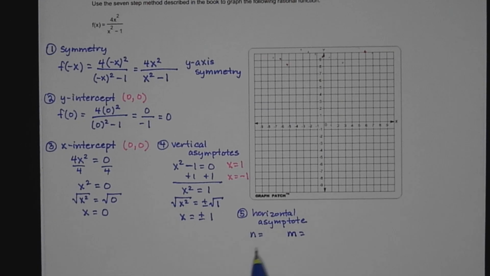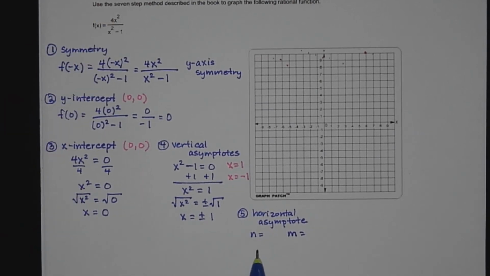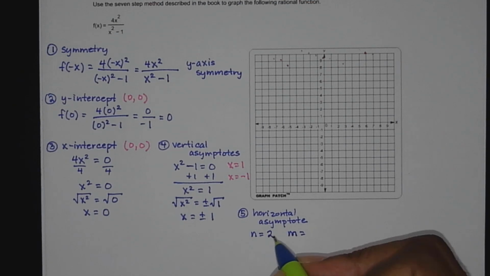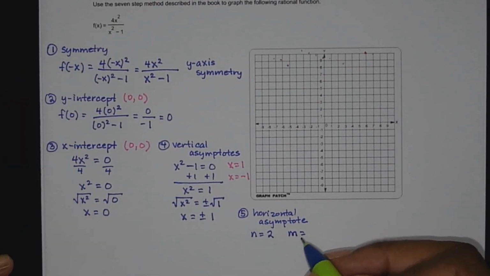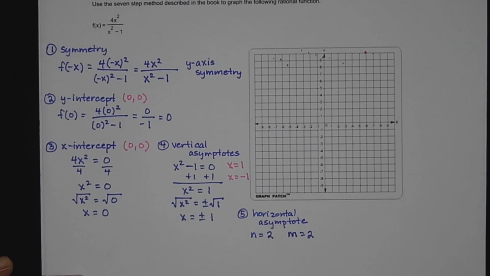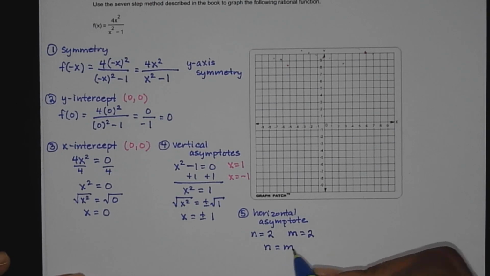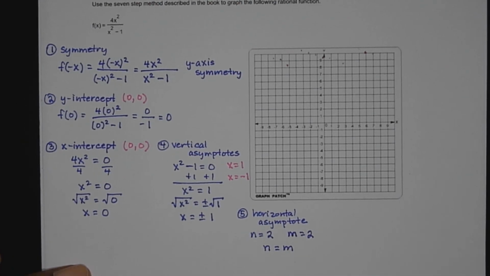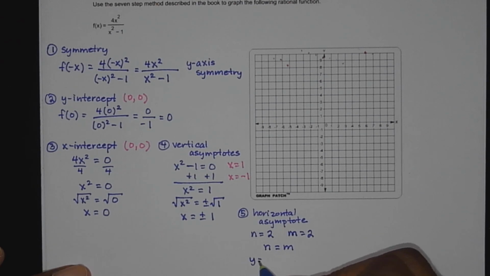So n is the highest exponent in that numerator, which is in this case 2. The m is the highest exponent in the denominator. In that case, it's also 2. So when I compare n and m, we can see that n does equal m. So to find that horizontal asymptote, we have to use y equals a sub n divided by b sub m.